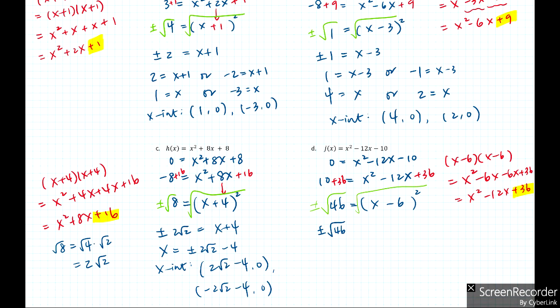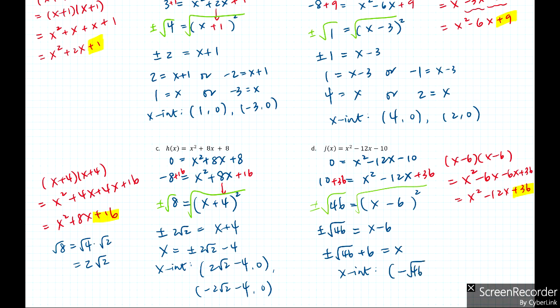Neither is a perfect square number. They're both prime. So we get x minus 6 is equal to this, and therefore x is equal to plus minus root 46 plus 6. And that's equal to x. Therefore, our x-intercepts are these two.